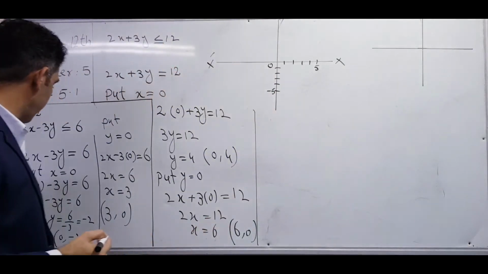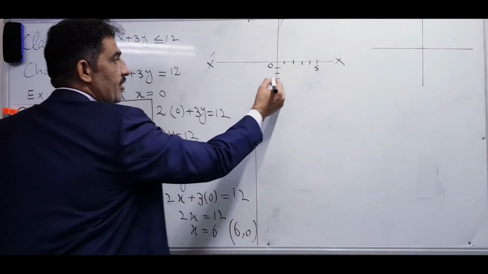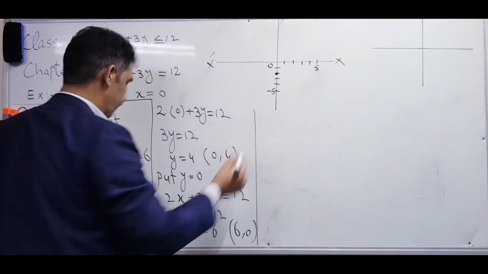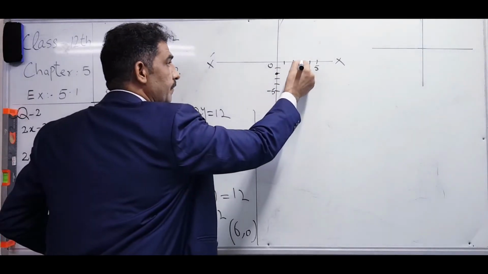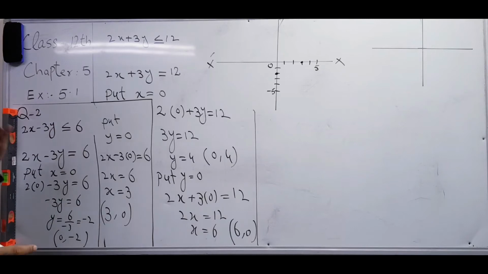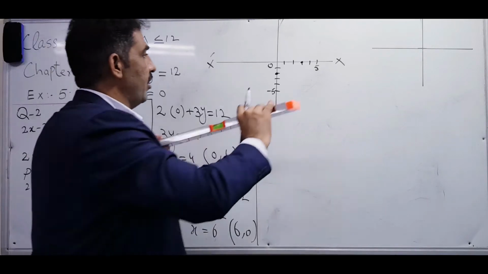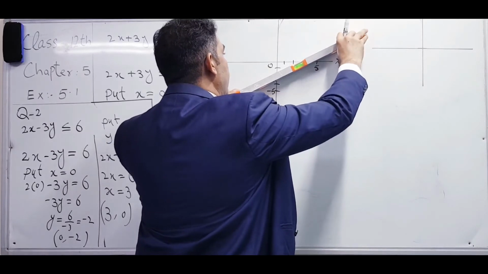So the ordered pair 0, minus 2 is this point. Okay, 3, 0 is this point. Draw a solid line, and check the testing point.